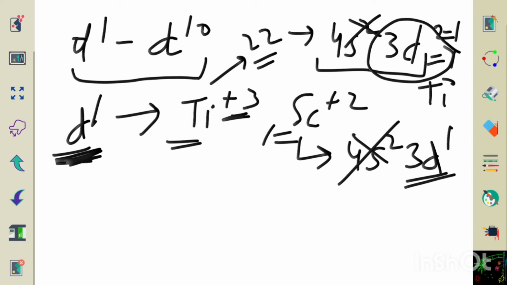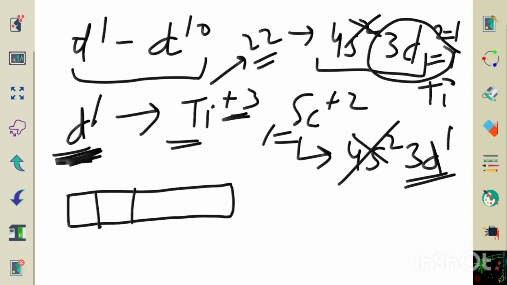For writing the term symbol, we should first mention the 5 types of d orbitals which belong to different directions, that is dxy, dyz, dxz, dx square minus y square and dz square.